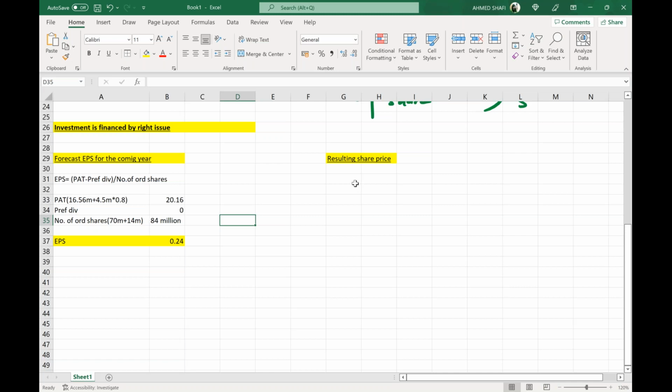Resulting share price: you will get share price, which can only be calculated in F9 through the formula of P/E ratio.